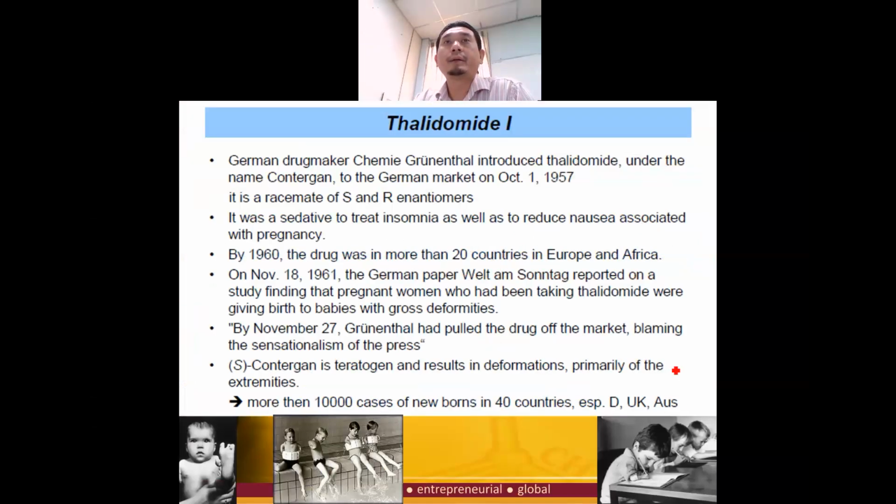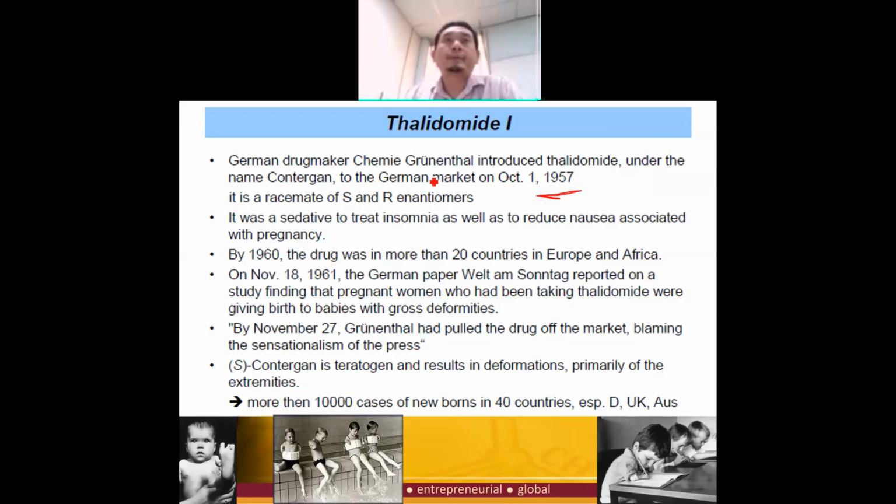So this is another classic example, thalidomide. This one was introduced by a big company at the time, Chemie Grünenthal from Germany, in 1957.